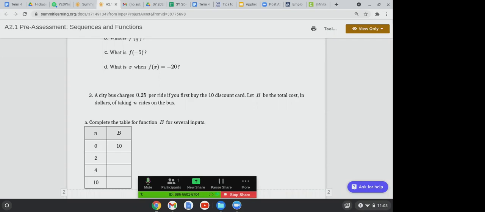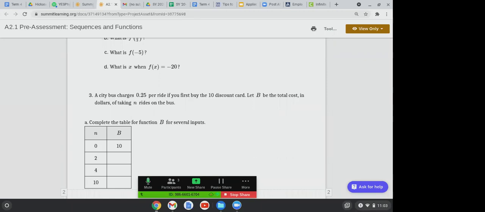I wasn't even looking at the problem. Oh, okay, that's all right. That's why we're going over it. So, yep, a city bus charges 25 cents per ride if you first buy the $10 discount card. So 0 rides, it just costs you $10. You haven't gotten on the bus yet, but you got the discount card.